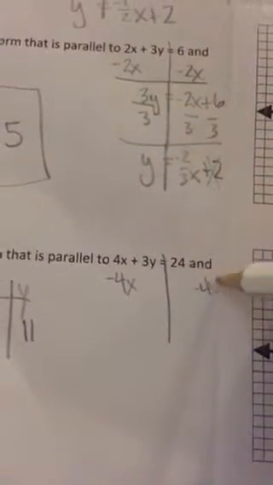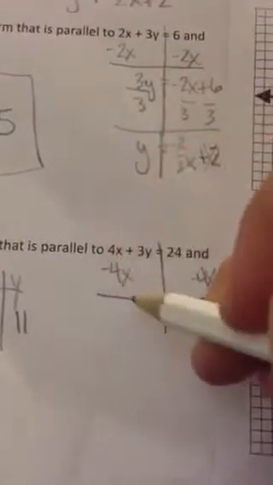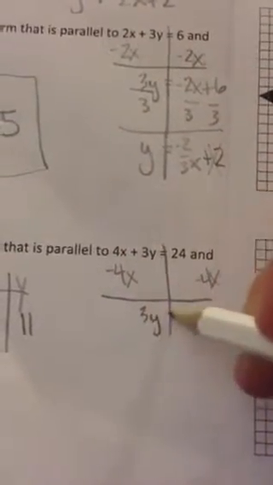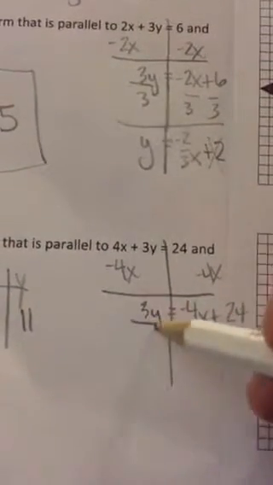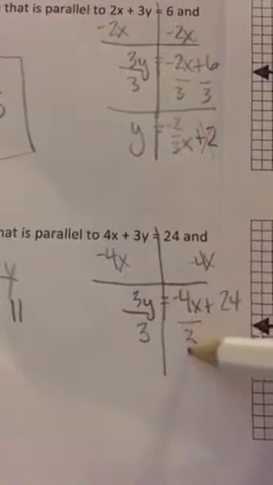If it's parallel to this one, I have to figure out what the slope of this 4x plus 3y equals 24 is. So to find the slope, I'm going to subtract 4x from both sides. So 3y equals negative 4x plus 24. And then divide everything by 3.